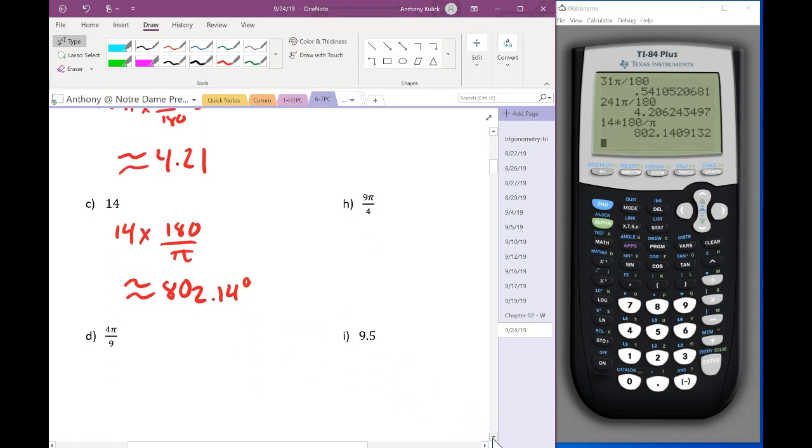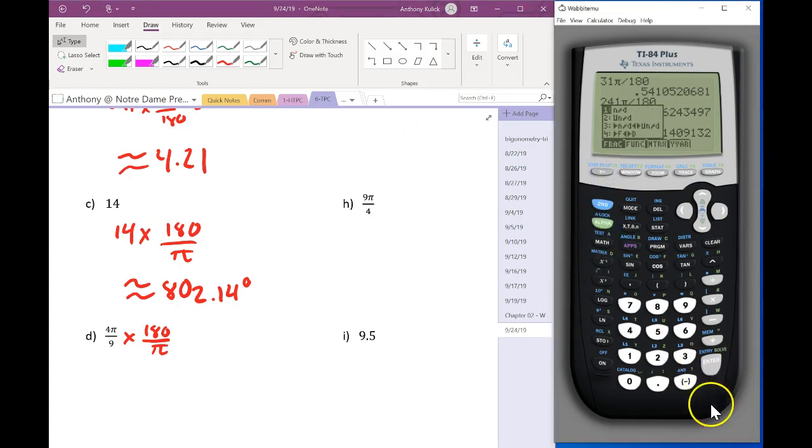In D, again, I see the lack of degree symbol, so I know that this is a radian measure. So again, to convert to degrees, I'll multiply by 180 over pi. To do this, I'm going to use the fraction command on my calculator, so I'm going to press alpha and then the y equals button, and select the numerator over denominator option.